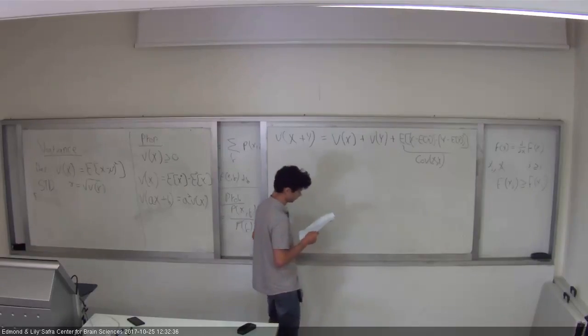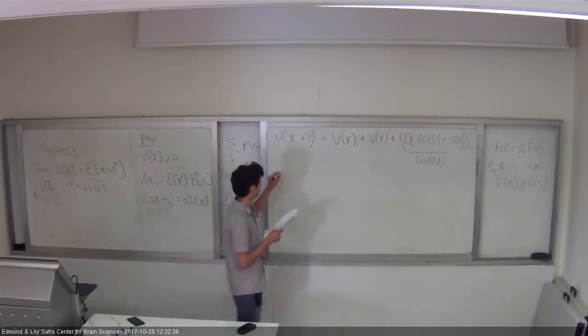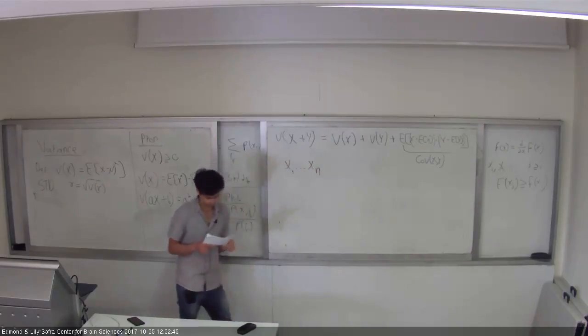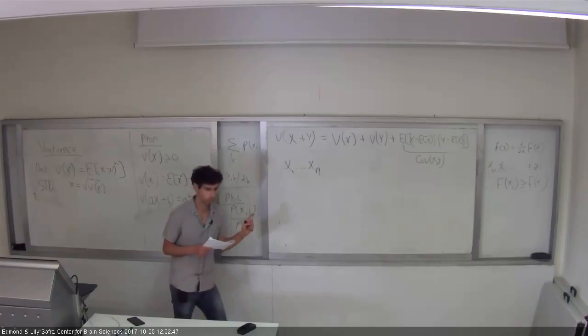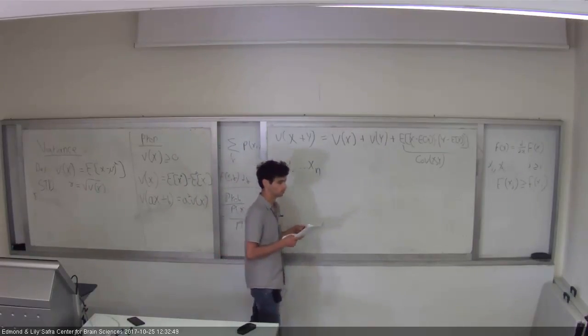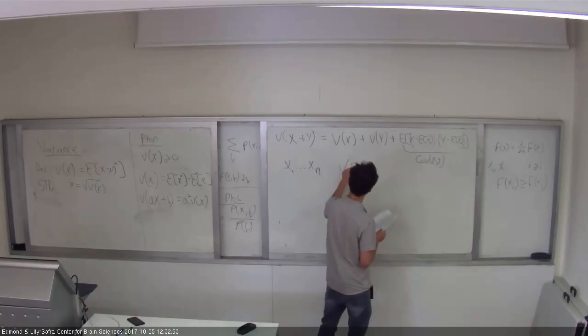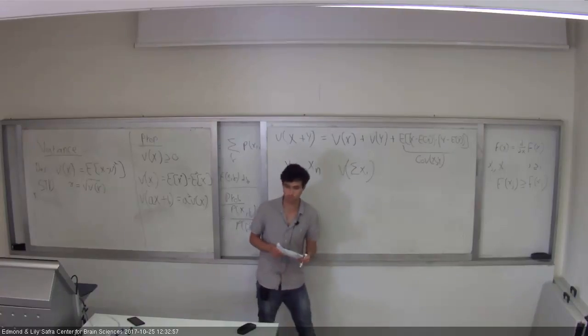And if we have x1 to xn random variables that are independent, what is the variance of their sum? Exactly.